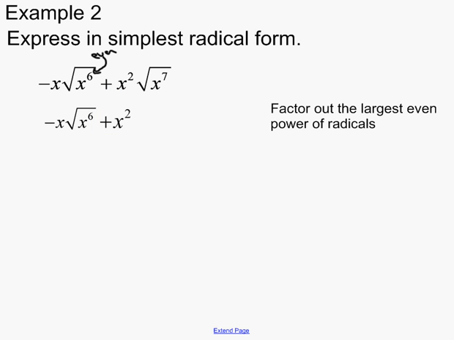Now this here I could factor because that's an odd number. So I can factor that as radical x to the sixth times radical x. Okay, now how could I rewrite radical x to the sixth? Well, there's an invisible 2 there, so I can rewrite that as x to the 6 over 2.